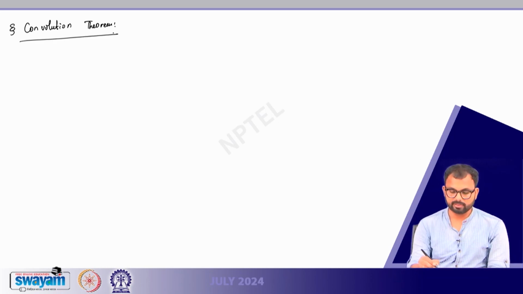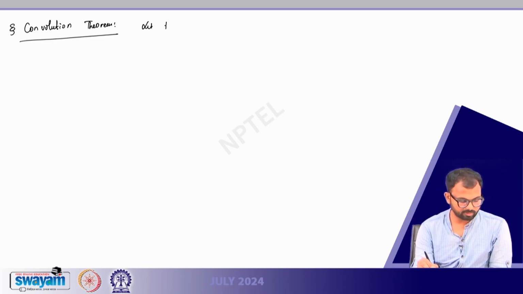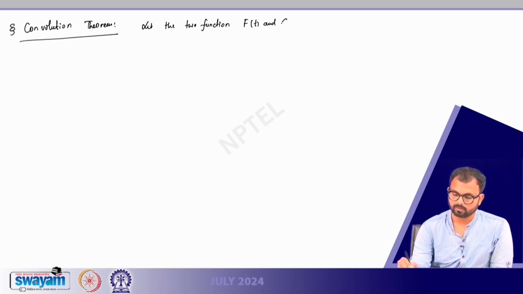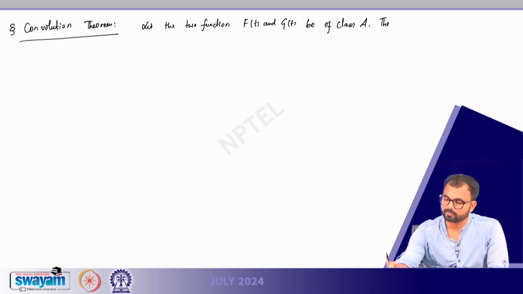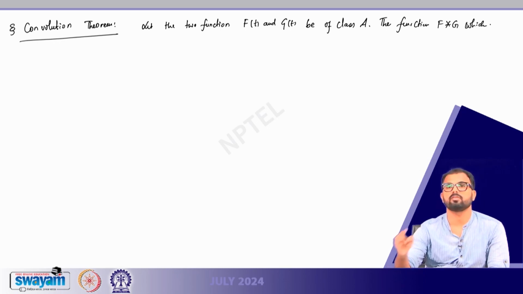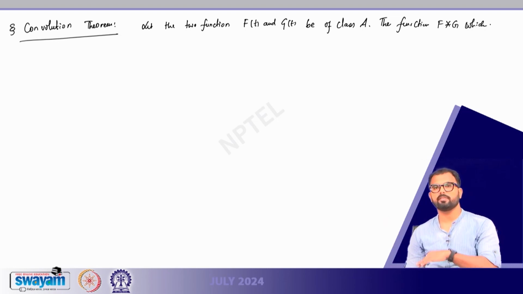Let f(t) and g(t), the two functions, be of class A. The function f star g, so convolution is denoted by star. So, f star g means there is a convolution between f and g.